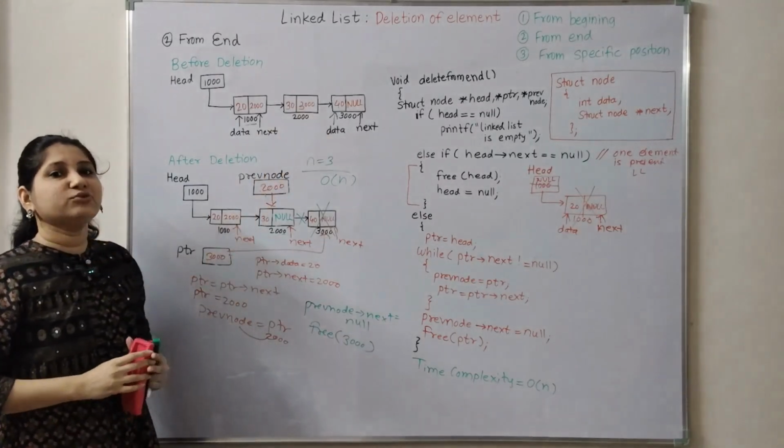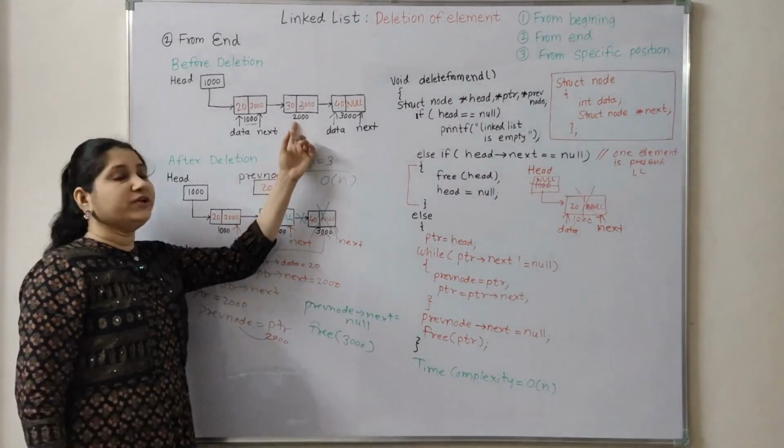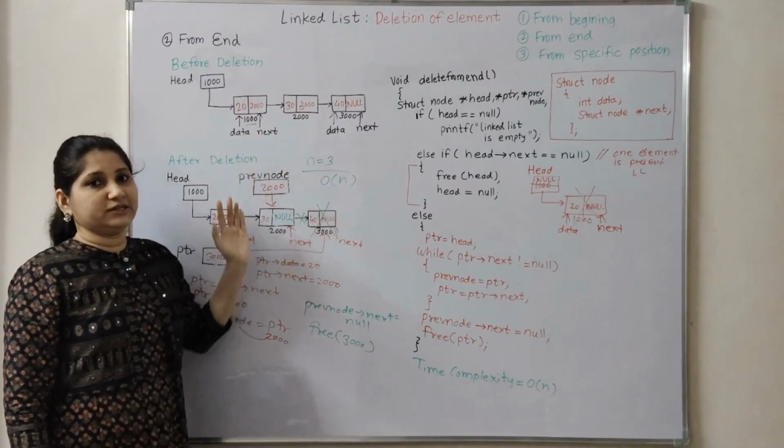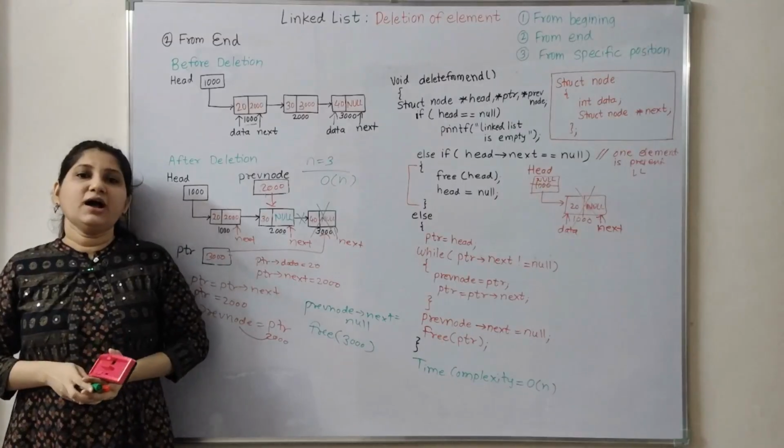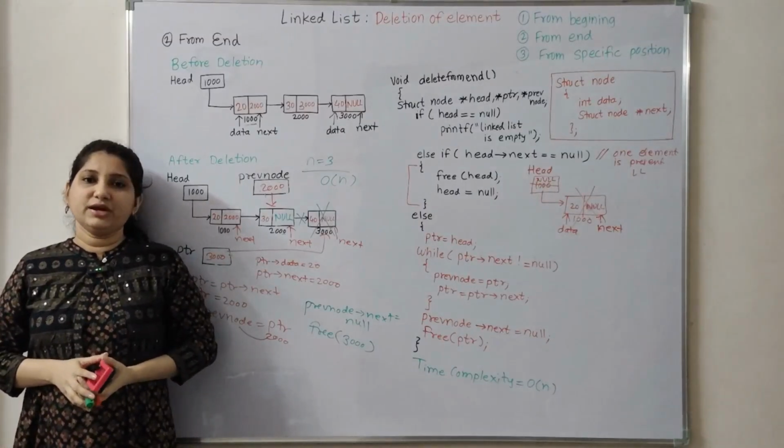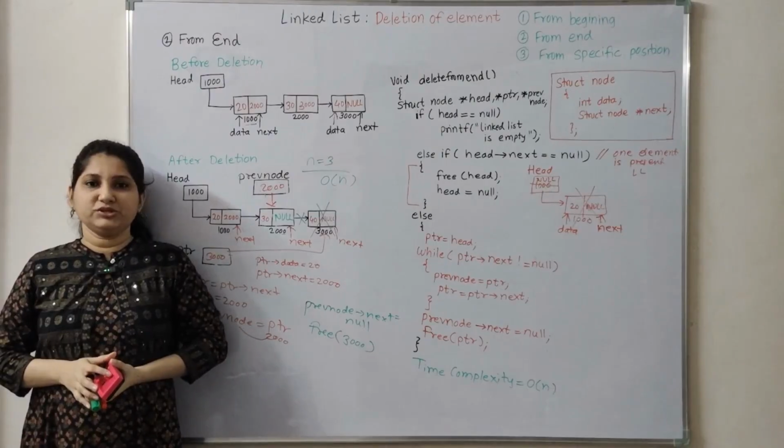For that, you can watch how we can search for a key in the linked list, and next we will see how to delete an element from a specific position. Thank you.